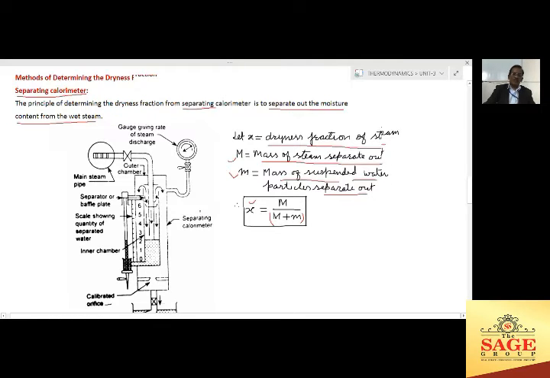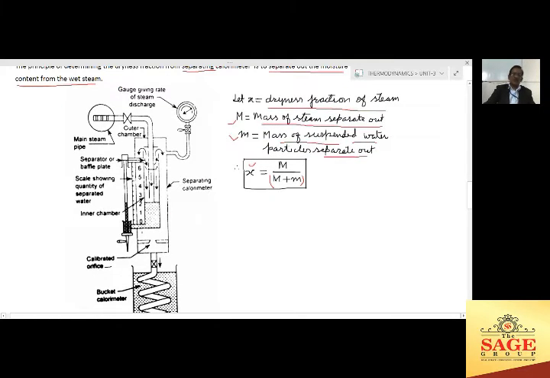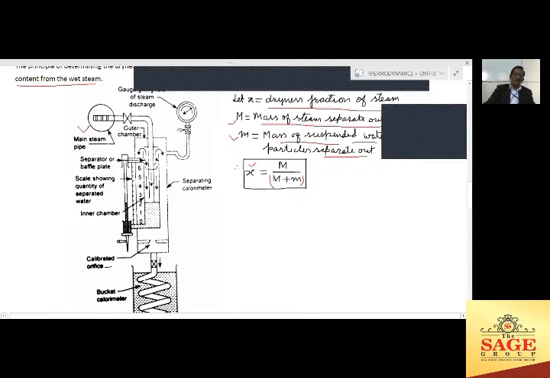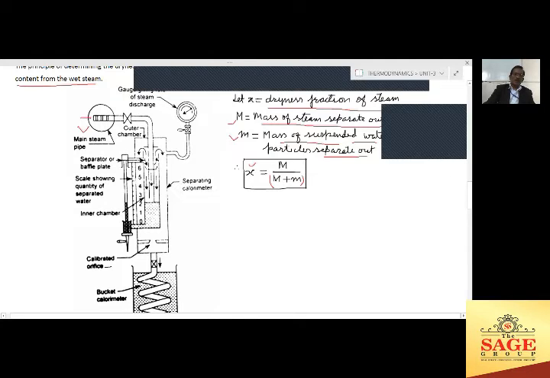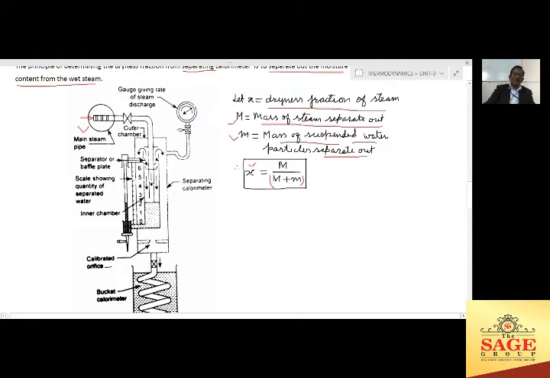Here we can see the apparatus used for determining the dryness fraction. This is the main steam pipe, and through this pipe the steam will enter here. This is a regulating valve for controlling the flow of the steam.